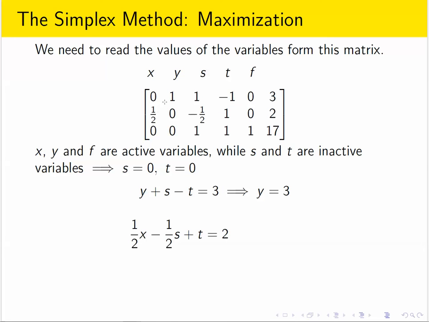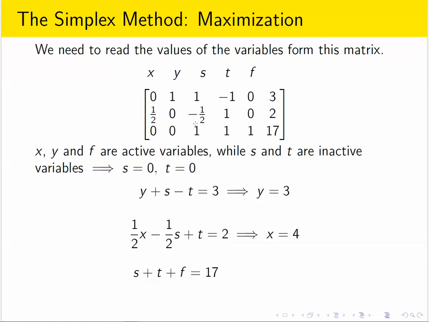If we do the same thing with the equation obtained from the second row of this matrix and plug in the values of the inactive variables, we end up with the equation 1/2 x equals 2, which simplifies to x equals 4.